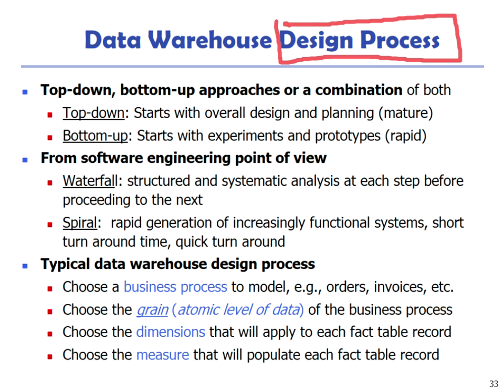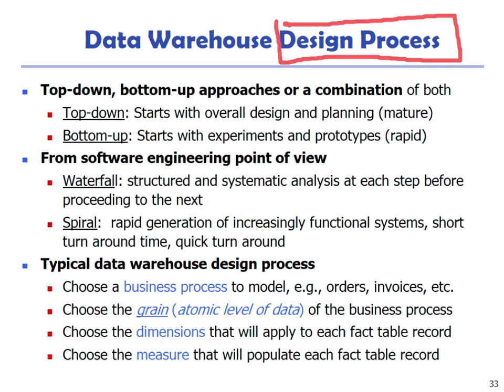The first one is mature, the second one is rapid. From software engineering point of view, we can find waterfall or spiral. The first one is structured and systematic analysis at each step before proceeding to the next. For spiral, the rapid generation, short turnaround time, quick turnaround, etc.